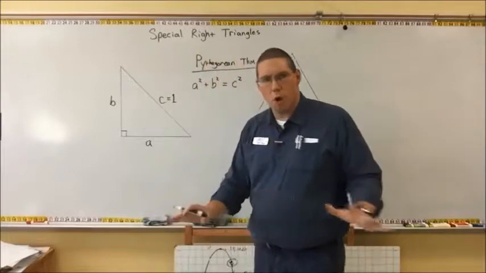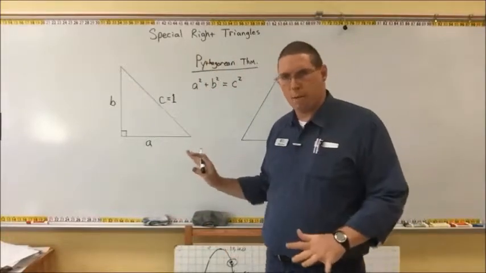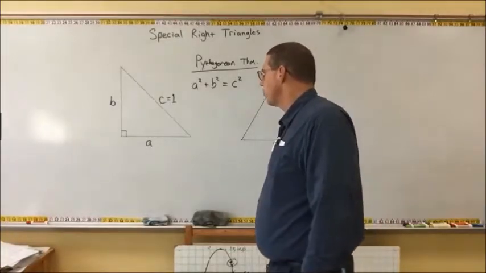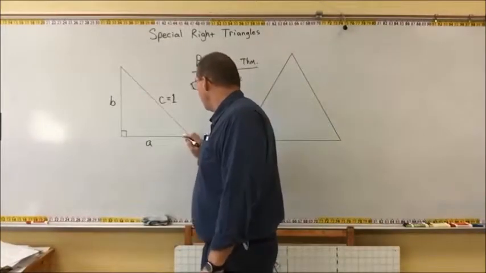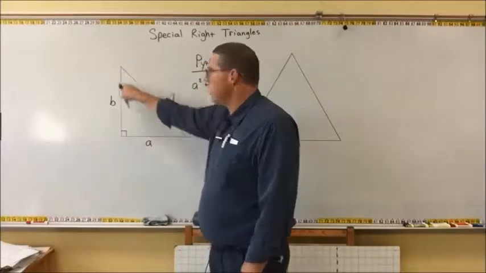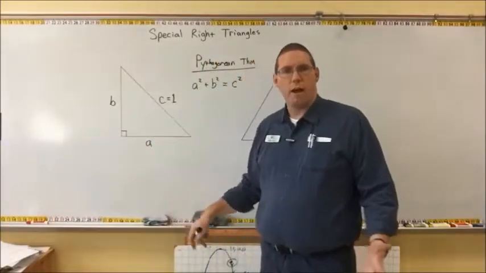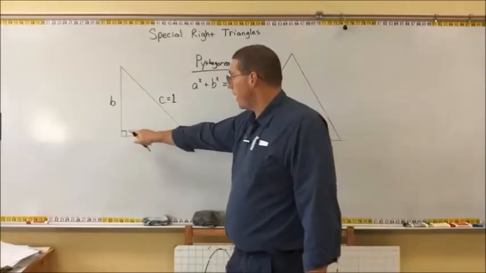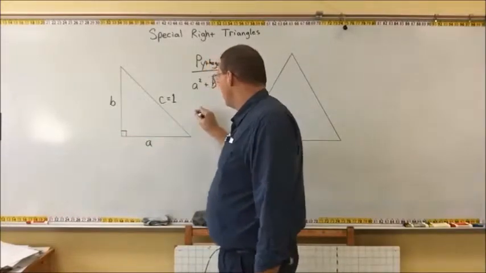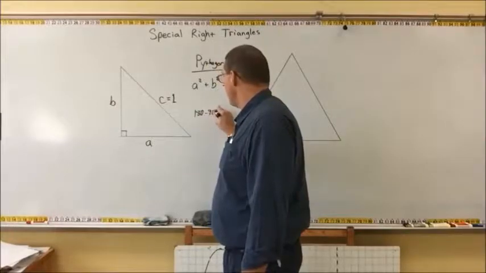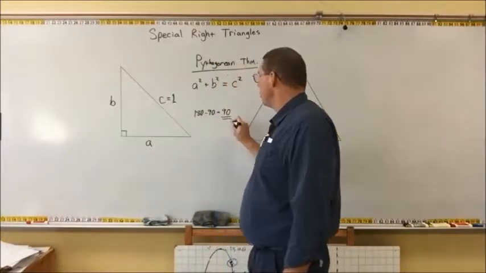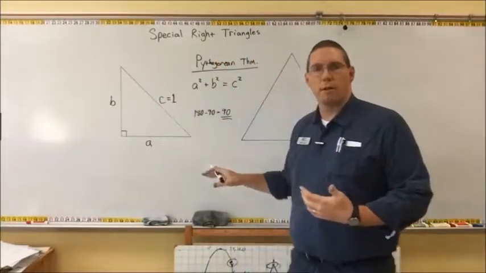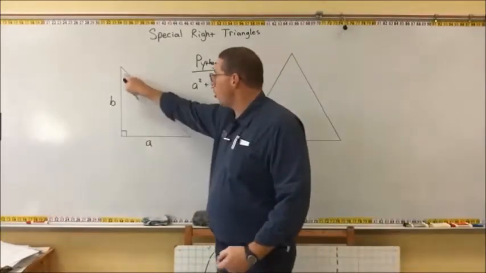The second special thing is that the three angles of a triangle have to add up to 180 degrees. So if this one down here is 90, then 180 minus 90 leaves 90 more degrees to put in this angle and this angle. And what's special about this triangle is that these two angles are equal.